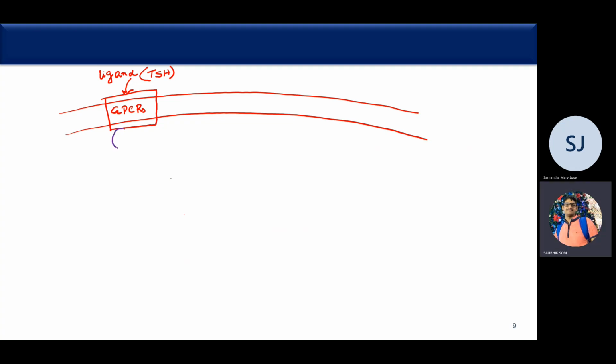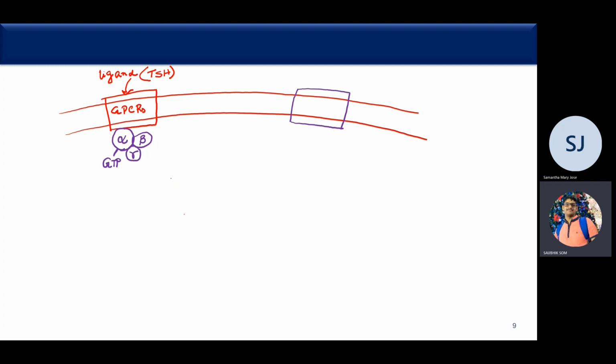So the G proteins, as I told you, have alpha, beta, and gamma. Generally this G protein will be bound to a GTP. Now, as soon as the ligand binds, there will be some effector molecule.